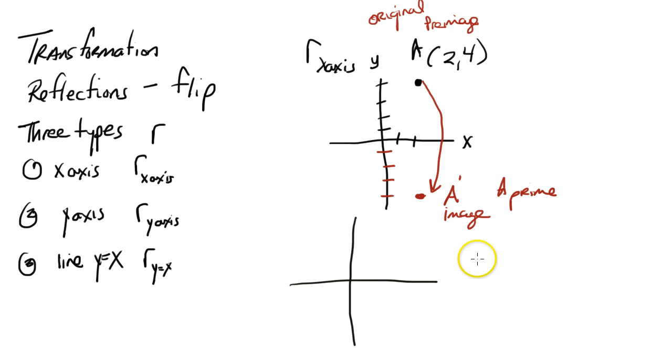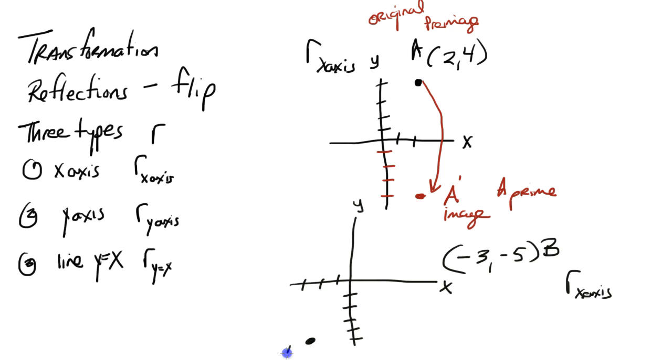Let's do a point -3, -5, and let's call it B. I want to do our x-axis. Make a little quickie axis. It's back 3, down 5, and that's B, my original.